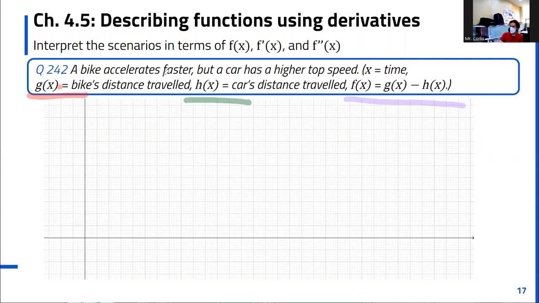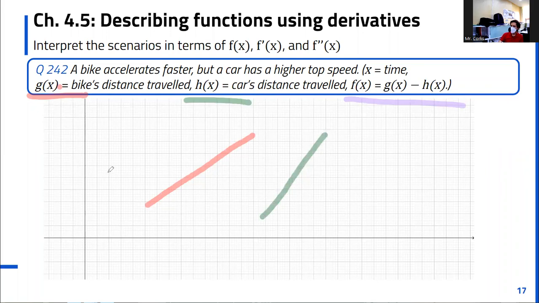Okay, so the bike is accelerating faster. Again, if it has a constant speed, it looks like this. So the car's final top speed must be steeper than the bike's.